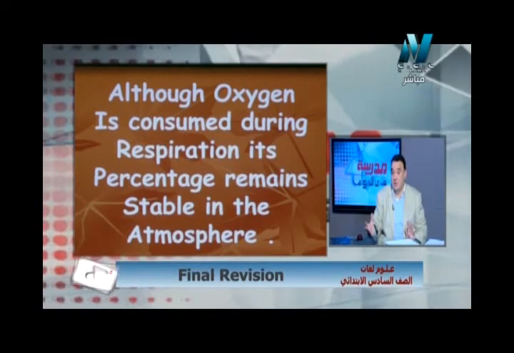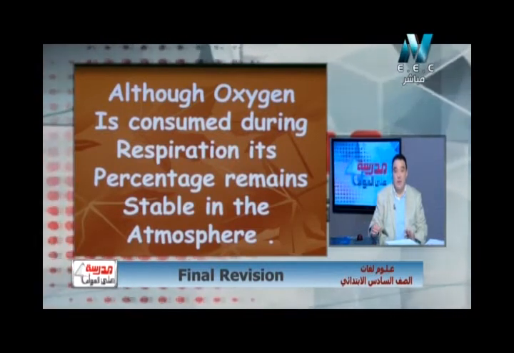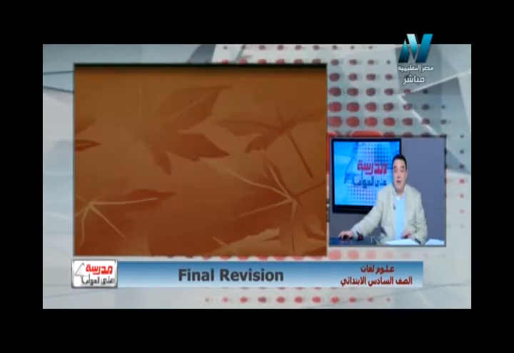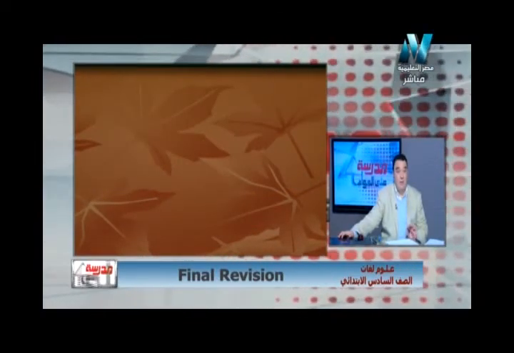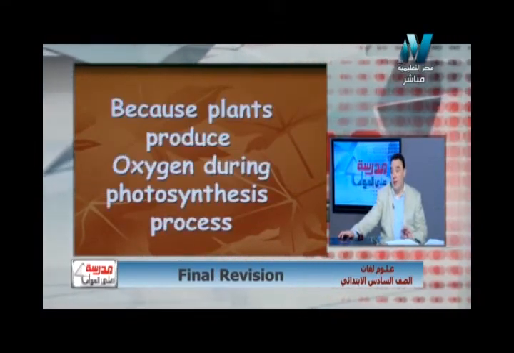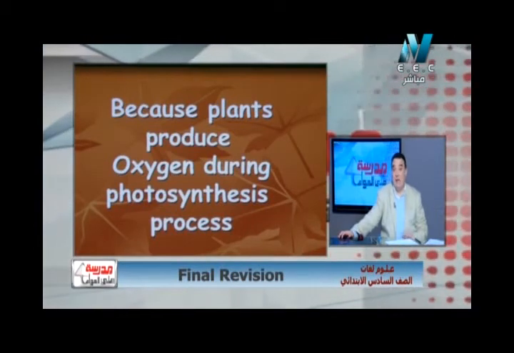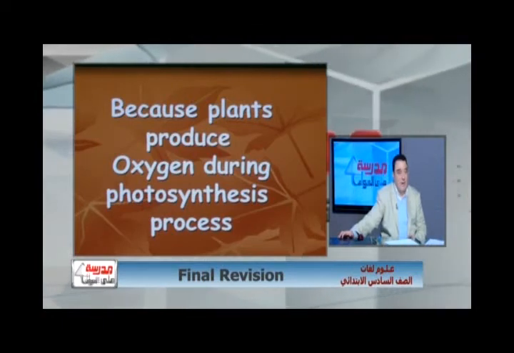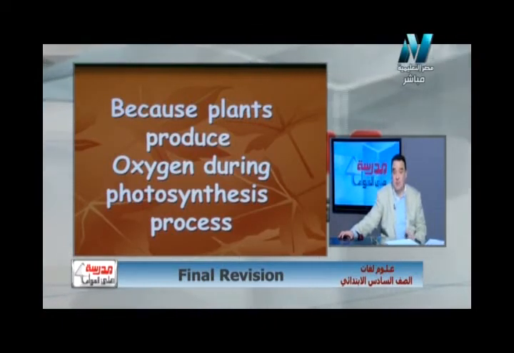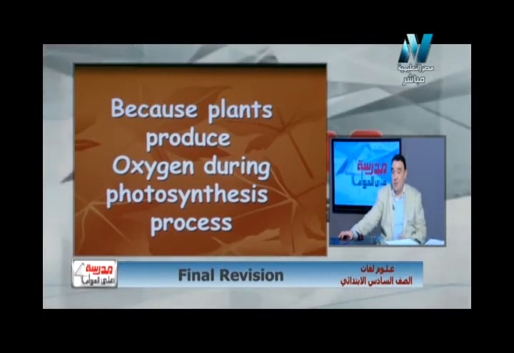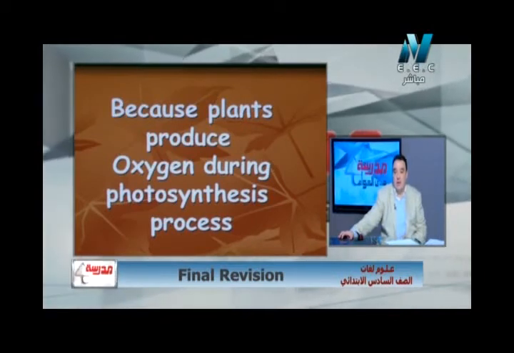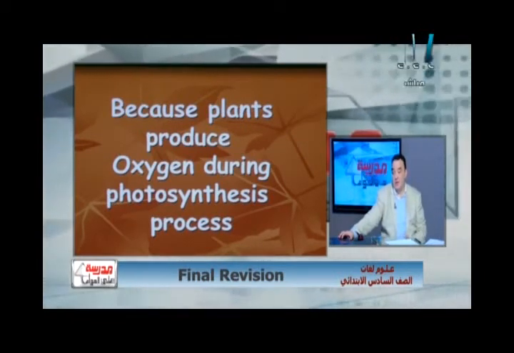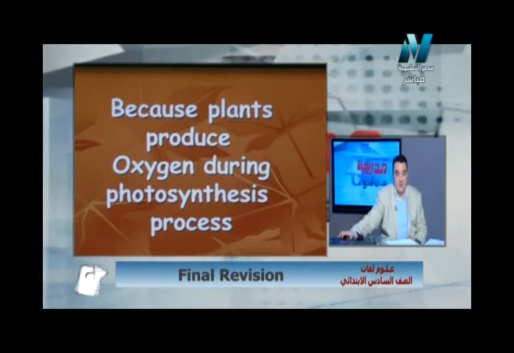Why doesn't it run out? Because there is a very important organism that produces oxygen during a very important process, photosynthesis, and this organism is green plants. So I can say green plants produce oxygen gas during the photosynthesis process.